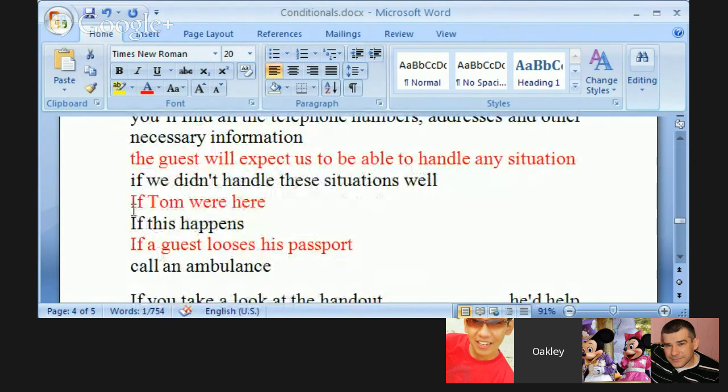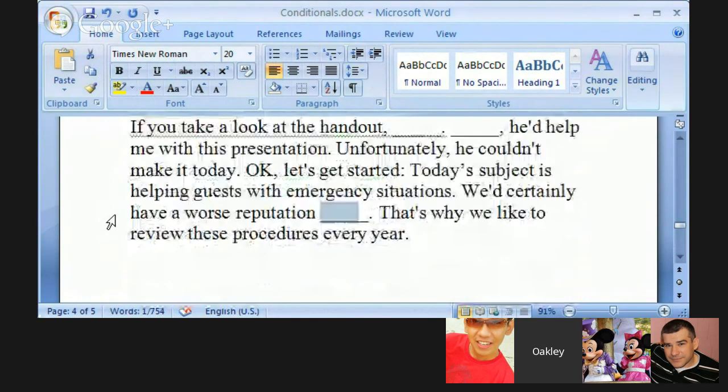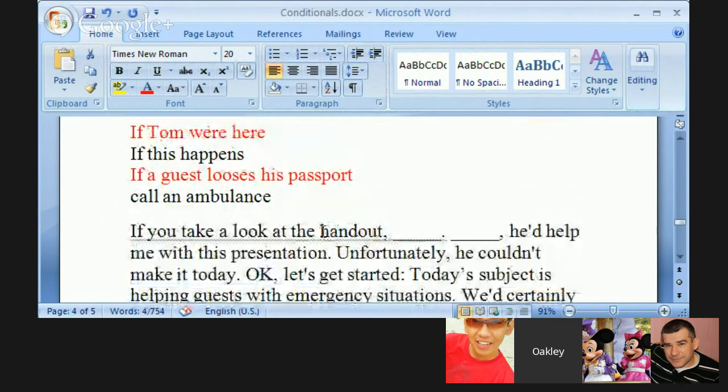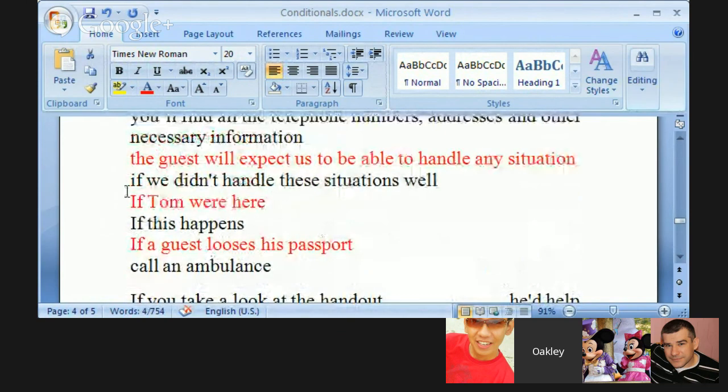If a guest loses his, it's conditional, right? Well, I don't think so. We would certainly have a worse reputation. Second conditional. That's very good.